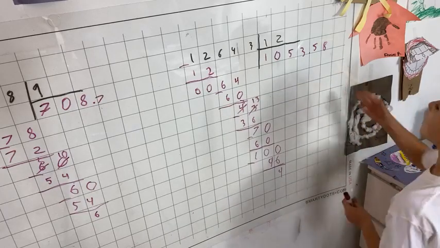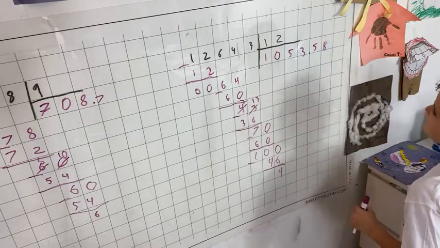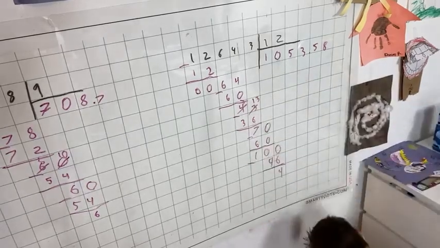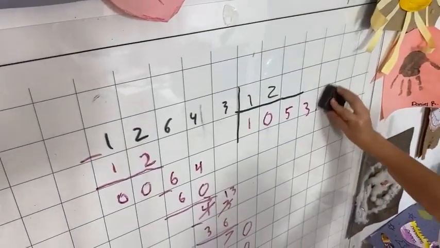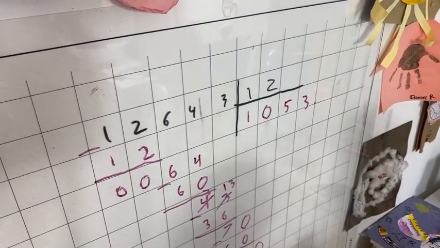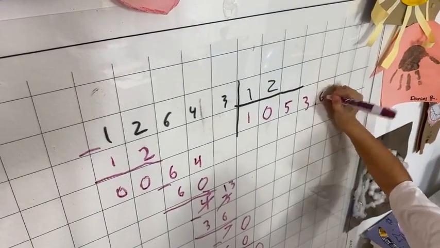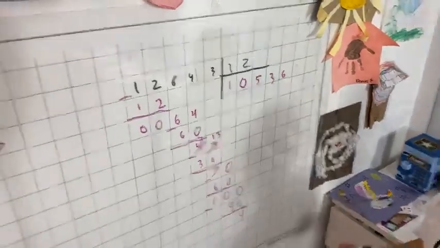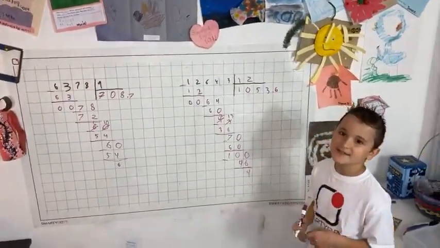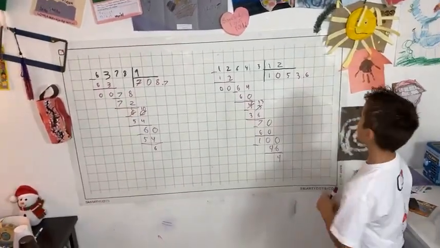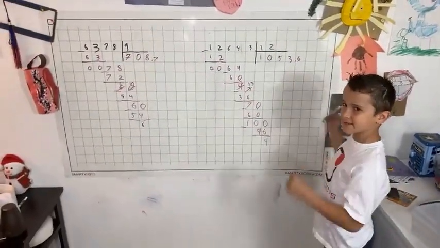Okay, so 8. 8 is above 5, so it's going to add 1 to the 5, so it becomes a 6. So our new answer is 1053.6, but it used to be 58, but now it's 0.6.